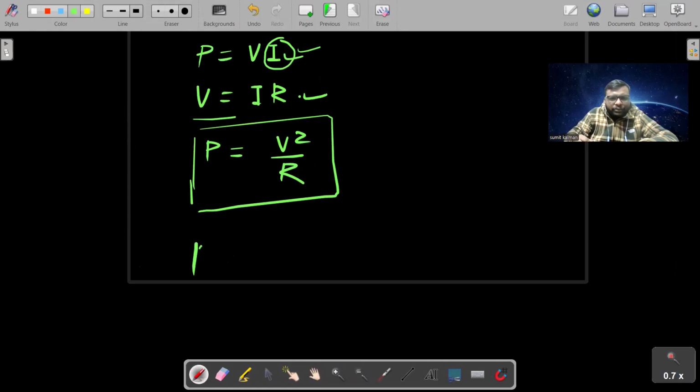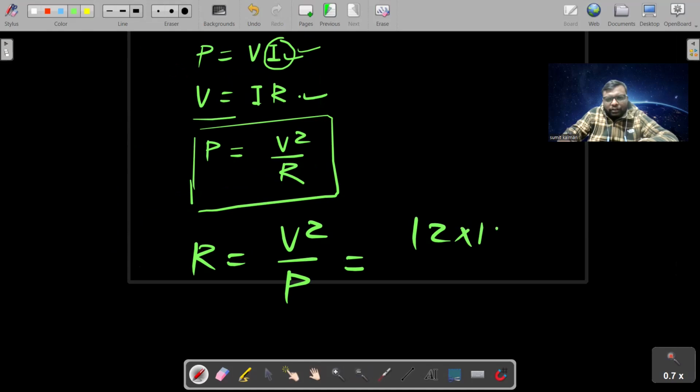So here R will become V square by P, and students, voltage is given as 12 volt. So here 12 into 12 upon power. Power is given as 18 watt.